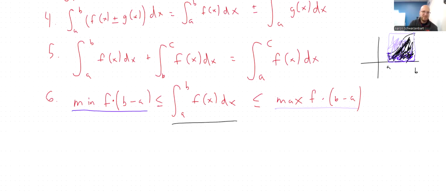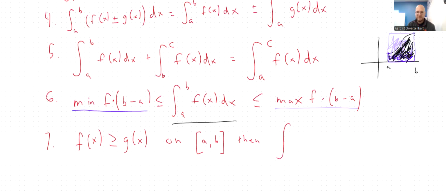The last one is also kind of an interesting rule. It's called domination. If f of x is greater than g of x on the interval a to b, then the integral of f of x is also going to be greater than the integral of g of x.